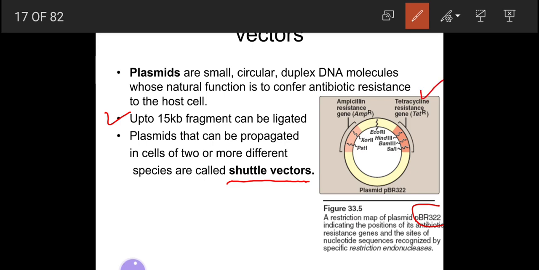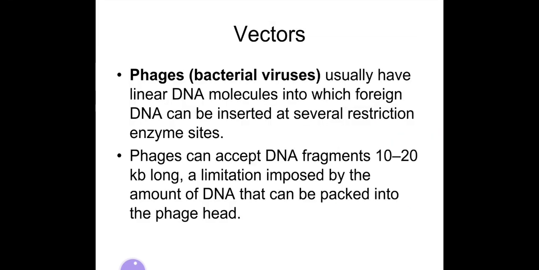These are the two antibiotic resistance genes, ampicillin resistance gene and tetracycline resistance gene, and these are EcoRI, EcoRV, PstI, BamHI, HindIII. They are all the restriction sites which are used to cut open the plasmid so that we can insert our gene of interest in the plasmid.